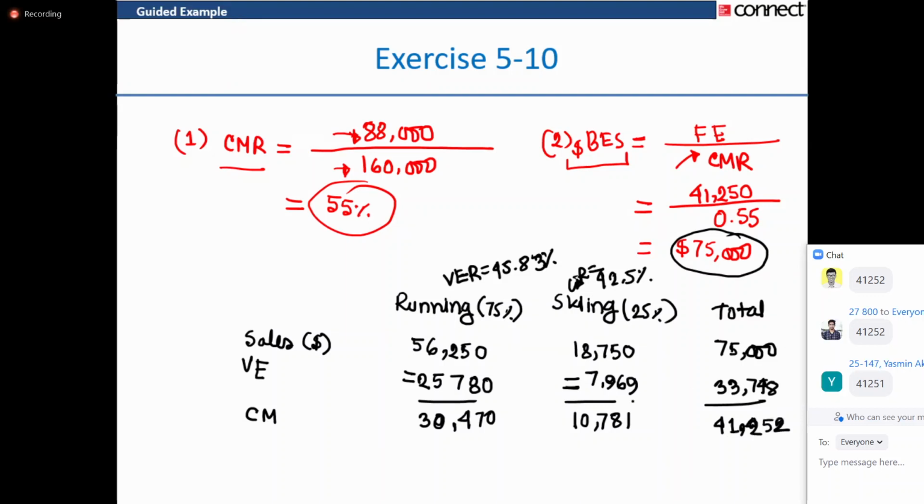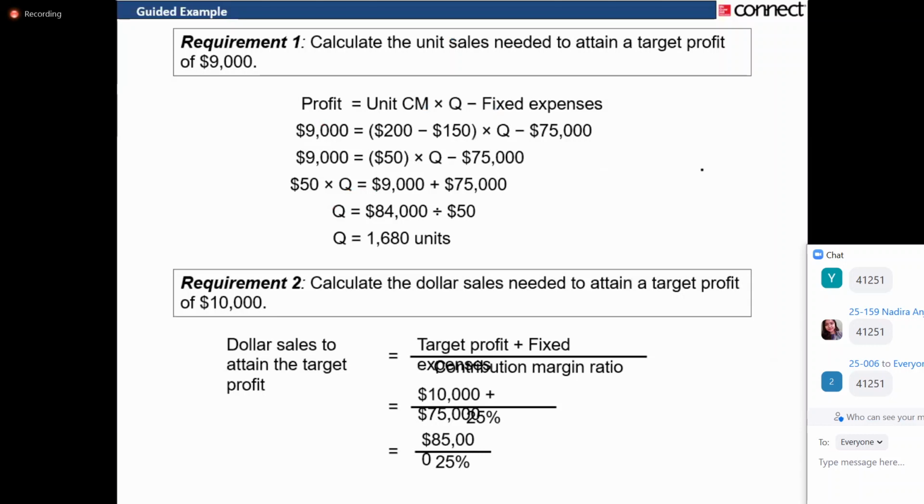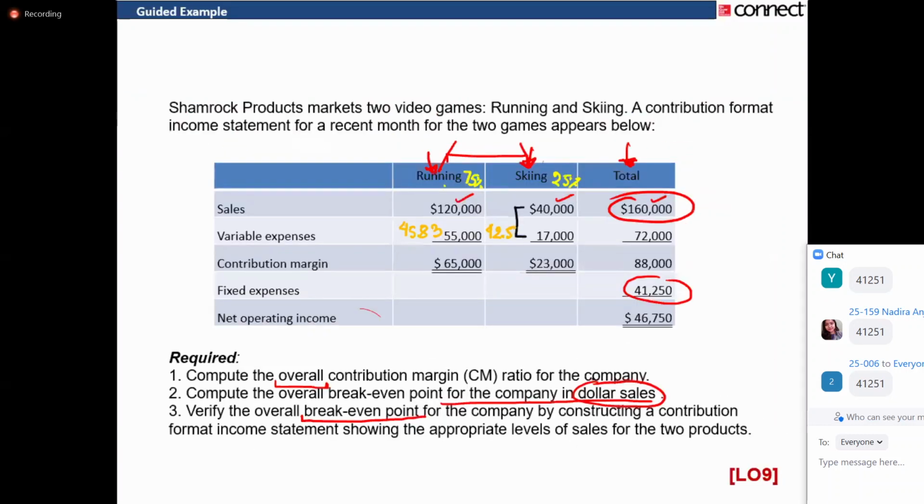But you see that if we sum up, it should be 1 here. Whatever, these are happening for the rounding issues. So we have the fixed expenses in total, and you can check that our fixed expenses was 41,250.